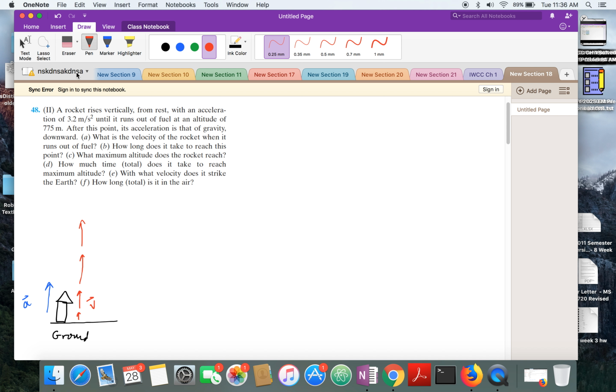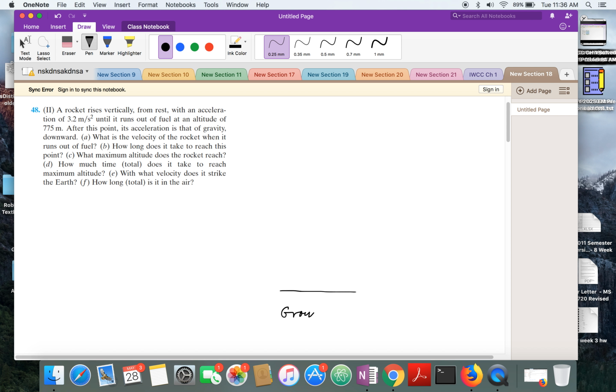My picture didn't leave quite enough room, so let me move over here and draw it again. Here's my ground, and here's my rocket, the little triangle, and I'll make the fuel exhaust red. There's an overall positive acceleration like this.